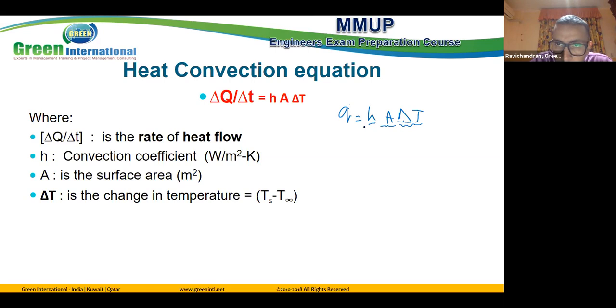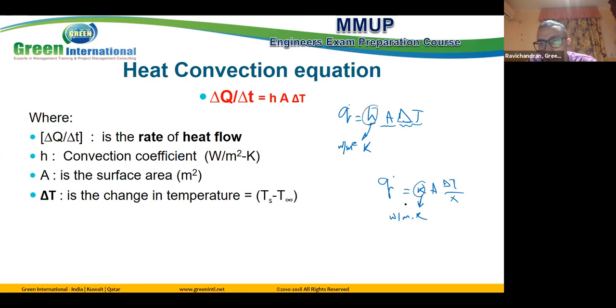Convection coefficient. As you see here, the h is watt per meter squared Kelvin, and for the other one, kA delta T by x, you will see the k here, unit is watt per meter Kelvin. So the difference between k and h is also in units.